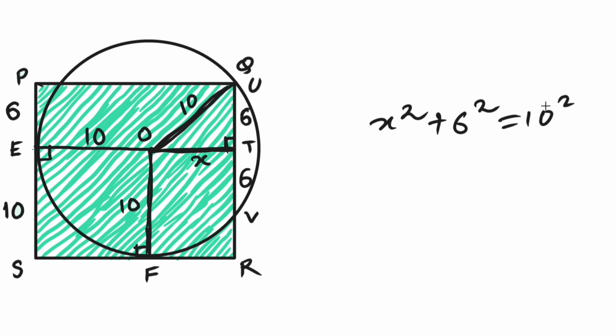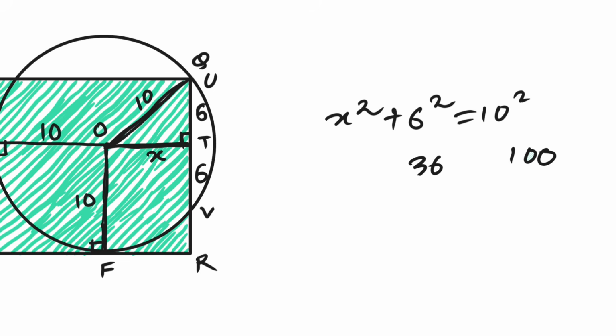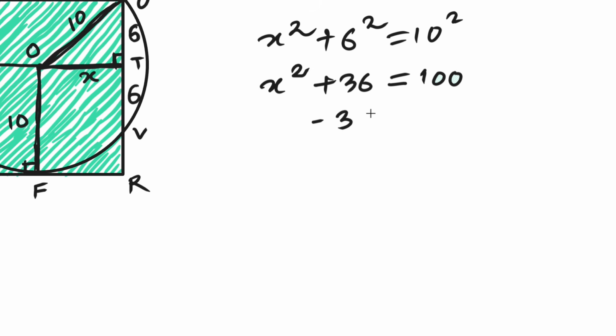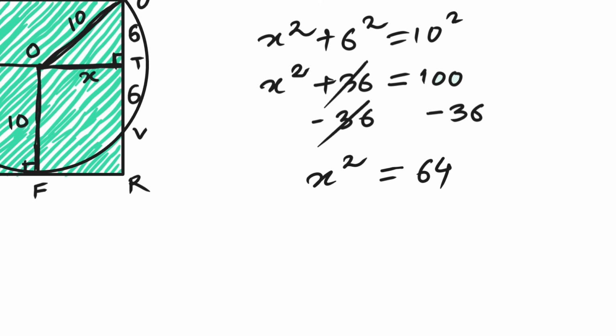Now simplify the powers. 6 squared is 36, and 10 squared is 100. Therefore, x squared plus 36 equals 100. Next, subtract 36 from both sides. This gives us x squared equals 100 minus 36, which is 64.